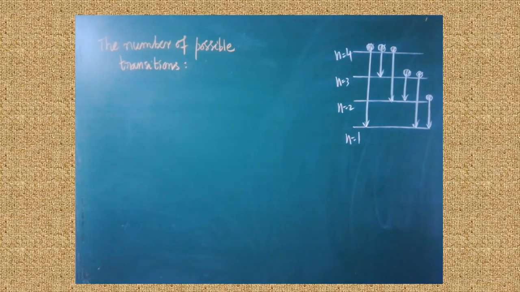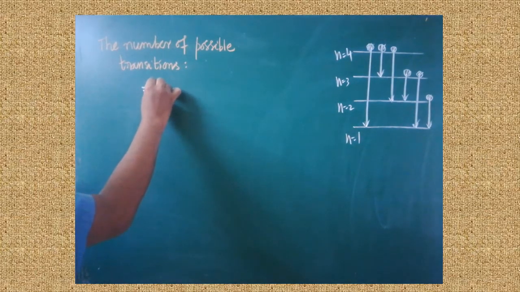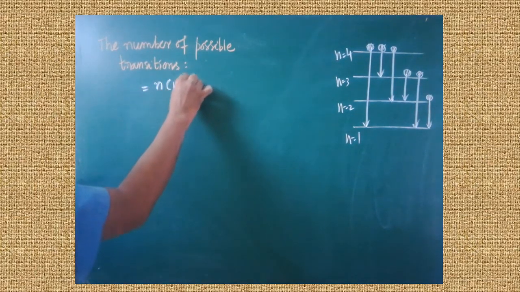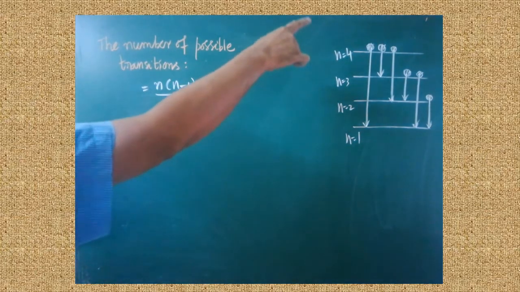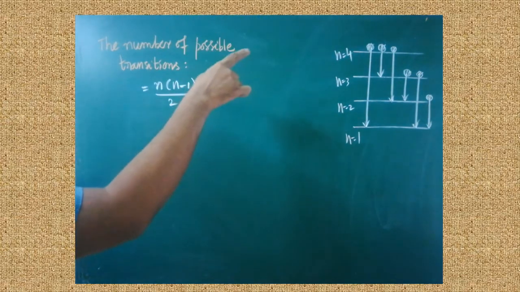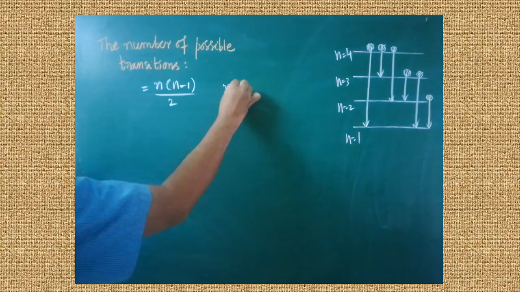But this must be proved with the help of the formula. The formula is n into n minus 1 whole divided by 2. What is the value of n? At which state is the electron? It is in the principal quantum number 4. So n is taken as 4.